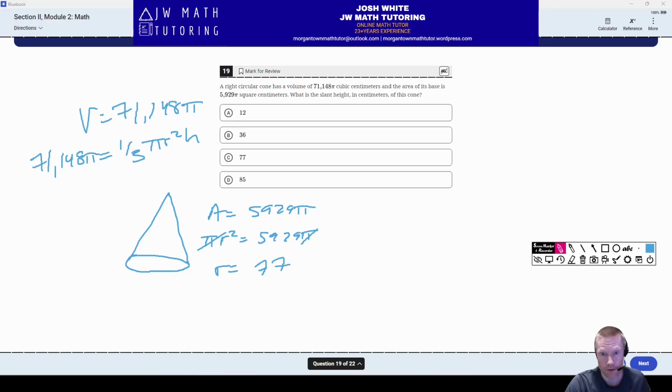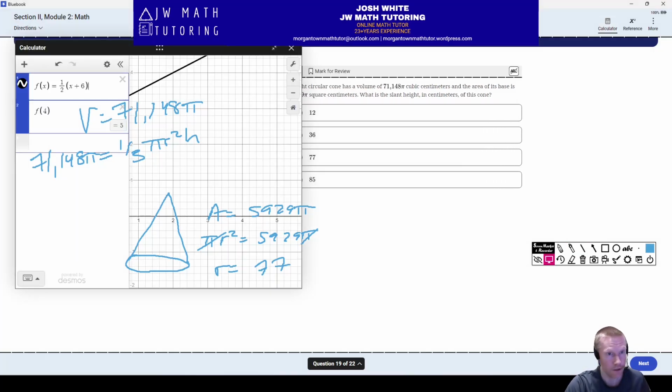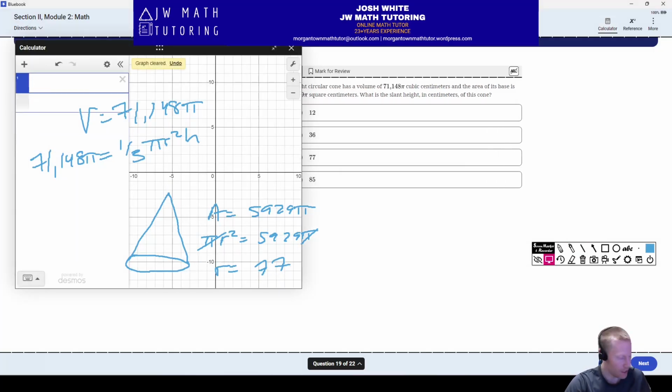Okay, let me just go to the calculator, delete this all out of here. All right, yep, 77. That is the value for our radius. And I'll just store that in. Not sure why it wasn't letting me type that.